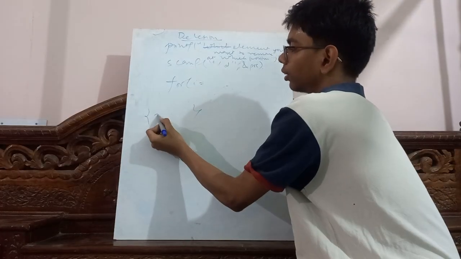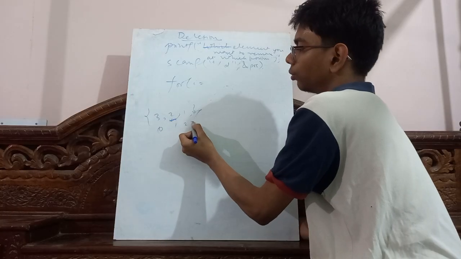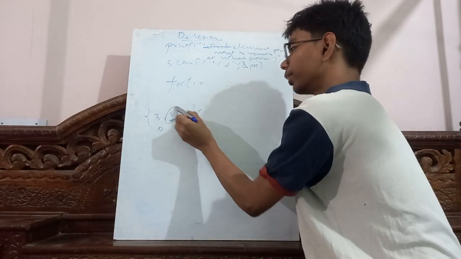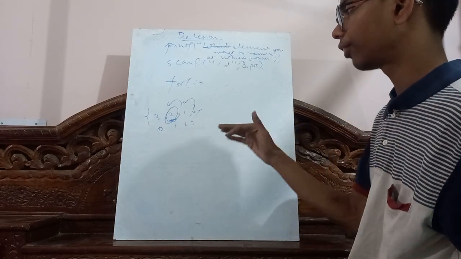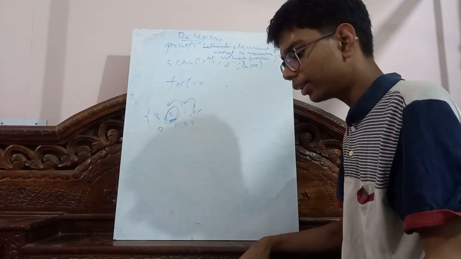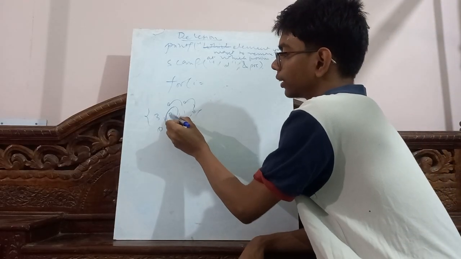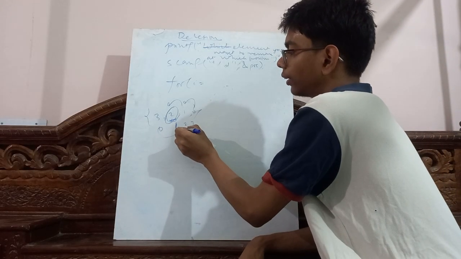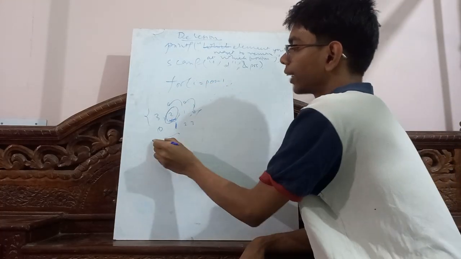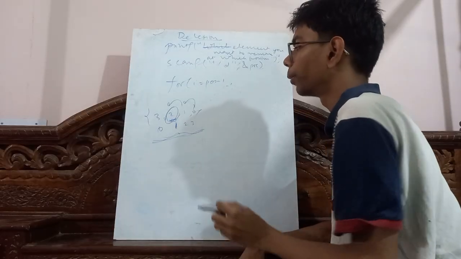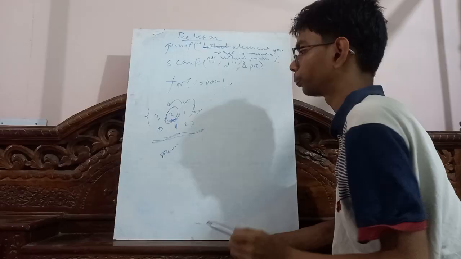Suppose this is my array 3 2 1 0. This is index 0 1 2 3. I want to delete this element, and then I will shift all elements towards the left, right? So I will start my index at, basically position is 2, the index is 1, so the index will be position minus 1, and the size is 4, but the size will be decremented by 1.